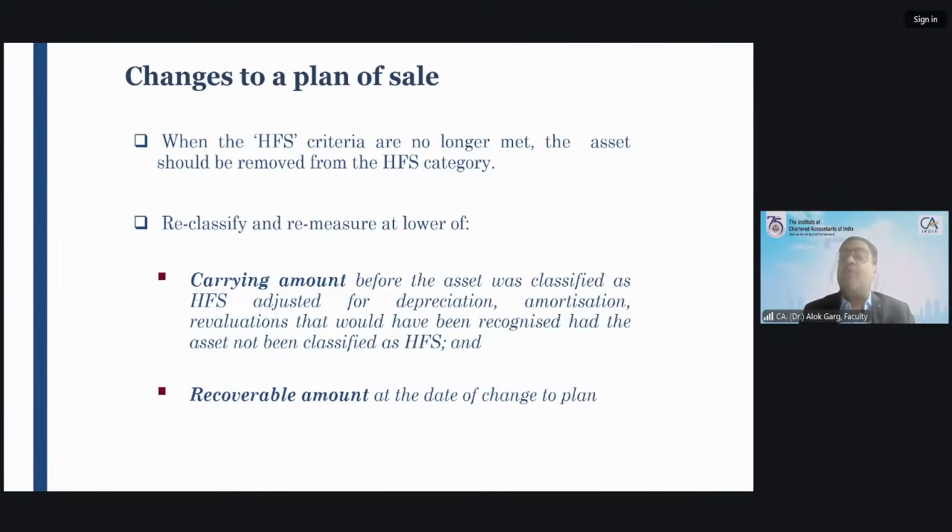Prior to COVID, there were two factories manufacturing sanitizers. In August 2019, the management decided to sell one of the factories and they classified it as held for sale. Then COVID hit China in December 2019 and India in February 2020.